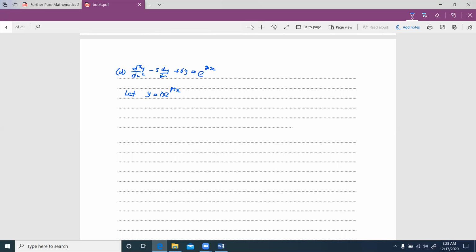Then dy by dx is lambda mu e to the power mu x, and the second differentiation, d squared y by dx squared, is lambda mu squared e to the power mu x. Those are the differentiation formats we can obtain for the particular integral.